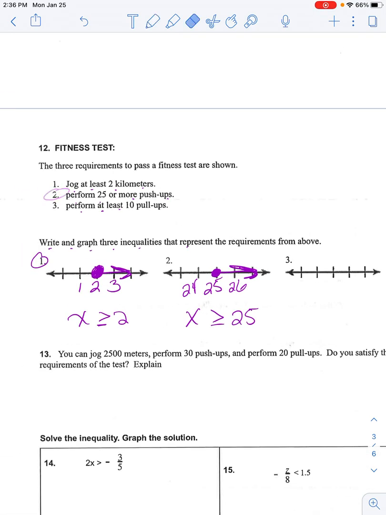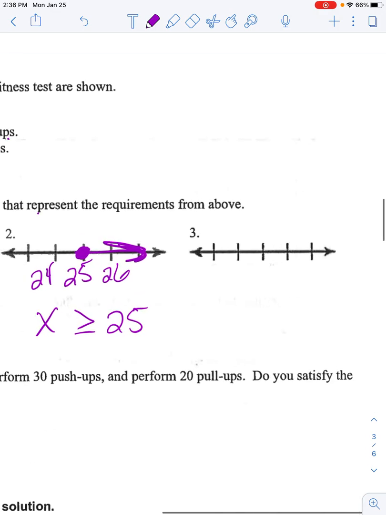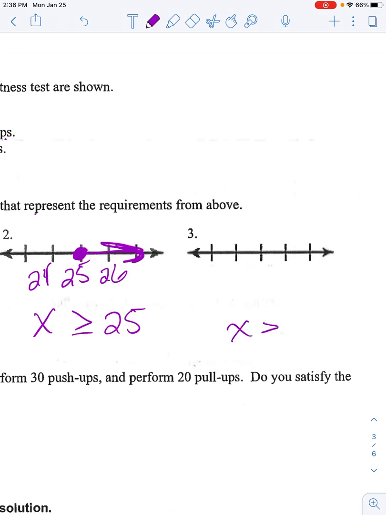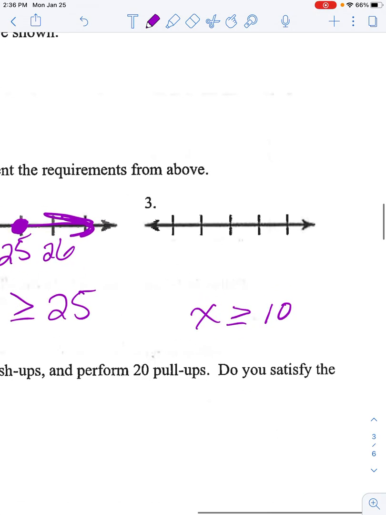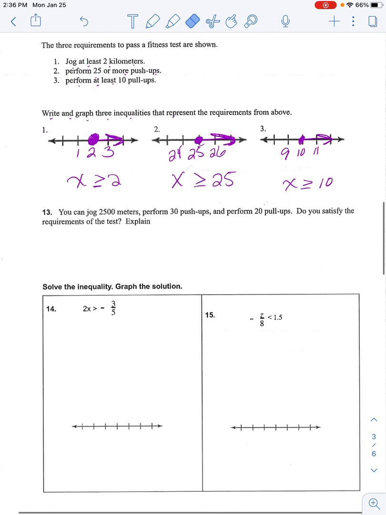Third requirement, perform at least 10 pull-ups. So, greater than or equal to 10 pull-ups. That's going to be a closed circle pointing to the right. So you will do the exact same thing on your test next week.